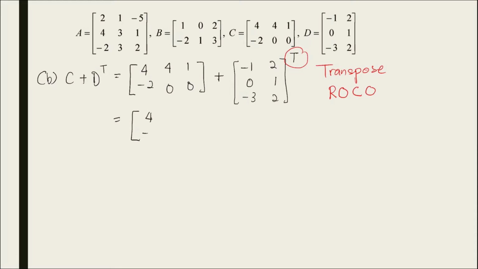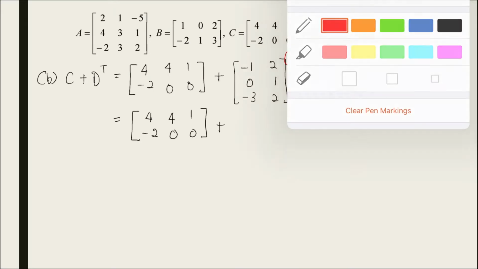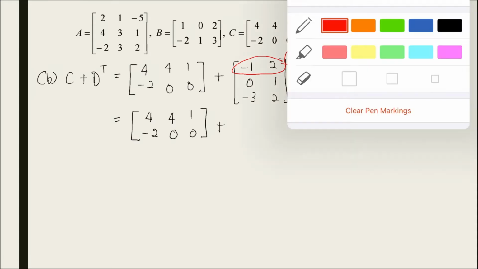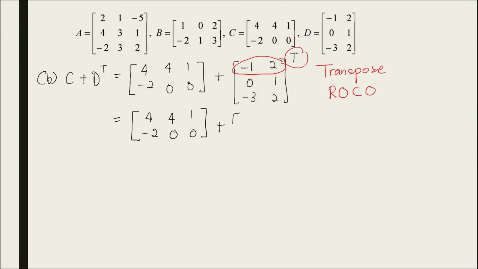Right, so first I am going to transpose the matrix D. How do we transpose that? This is the row of matrix D. If you transpose that row, it will become the column. So negative 1 and 2 will be the column.